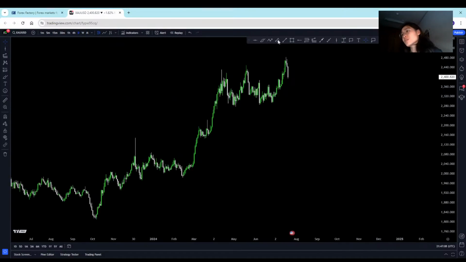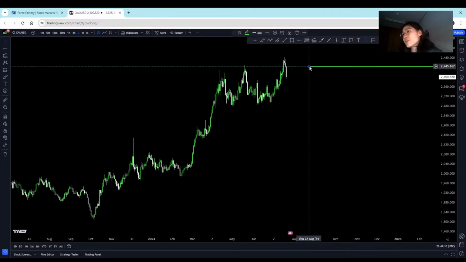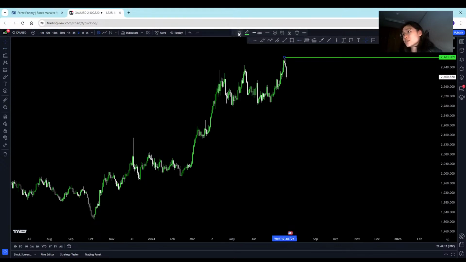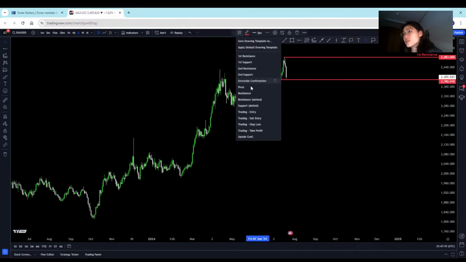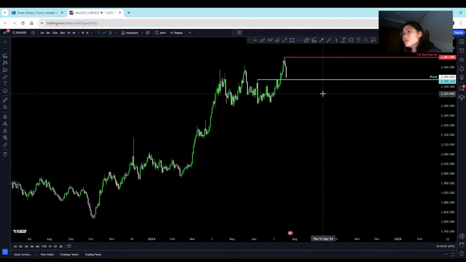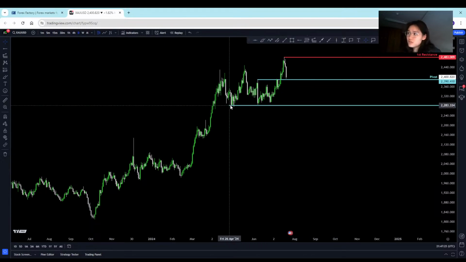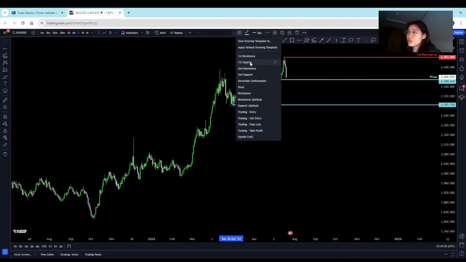Now on our daily time frame, it does look like prices are dipping slightly. Okay, so I'm going to place my pivot here and my first support here.